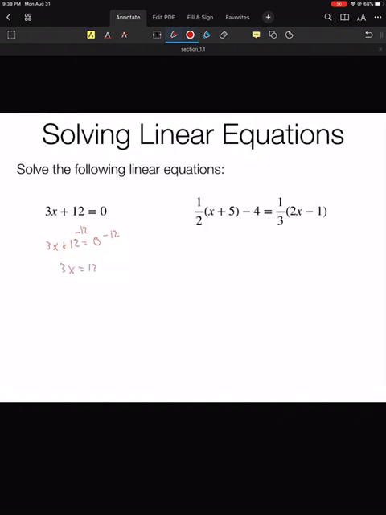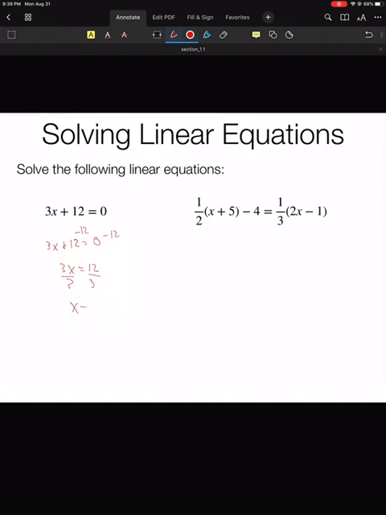So when I do that, I get 3x is equal to 12. Okay, and then I need to get x alone again. So I do another valid mathematical move. I divide by 3 on both sides, and I get down to the very obvious solution that x is equal to 4. Okay?